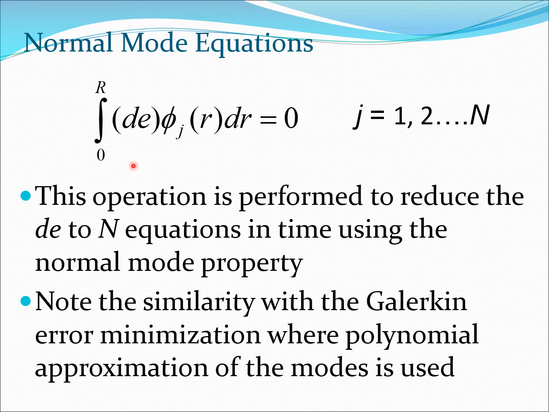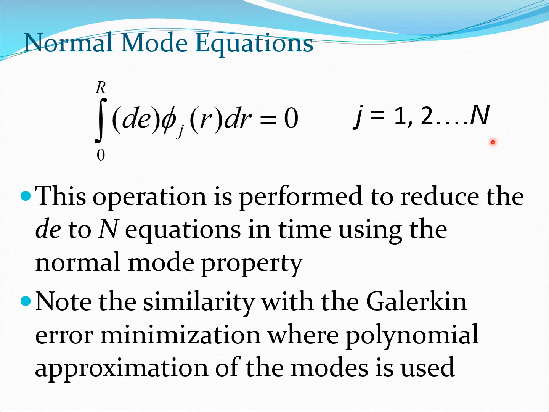So essentially we are saying that this differential equation, when multiplied by this mode shape and integrated across the entire domain, should become 0, and this should happen for all the n mode shapes we are considering.